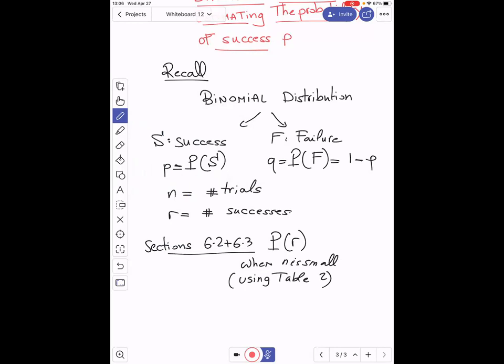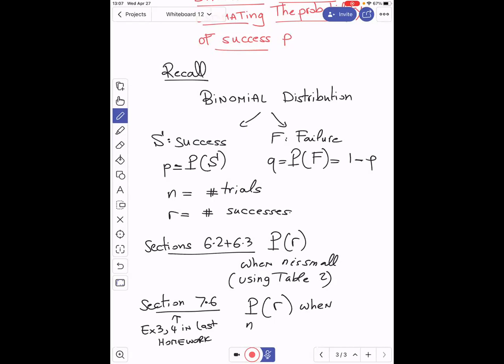Then in section 7.6, which is problems 3 and 4 in the last homework, we computed the probability of R successes when N is large.